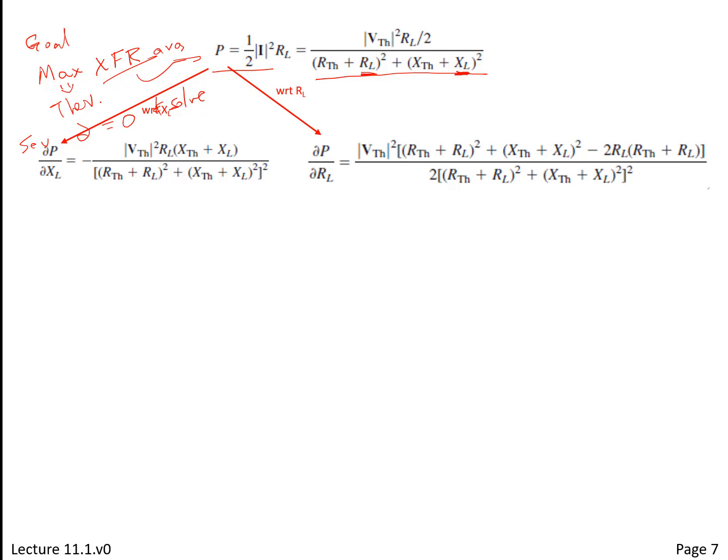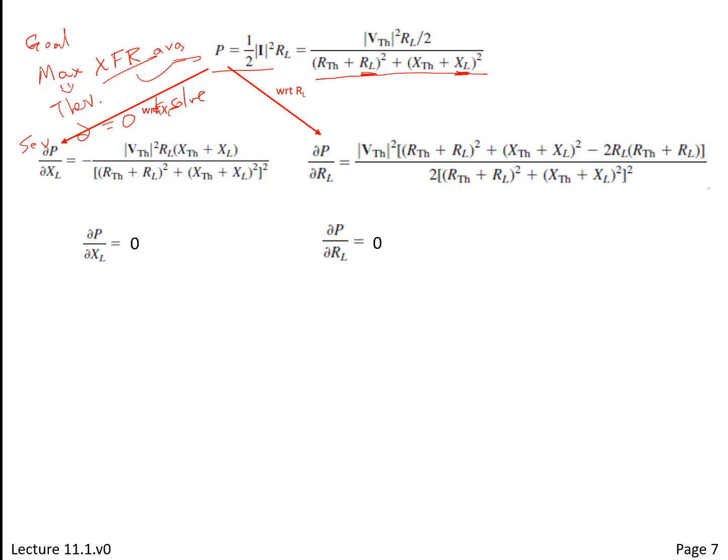Ooh, a lot longer, a little more of a hassle there. Okay? So, to maximize, we set each one equal to 0: the partial with respect to XL and the partial with respect to RL.